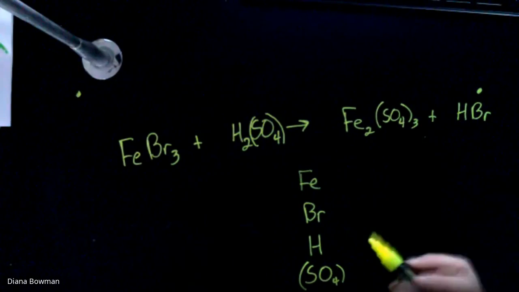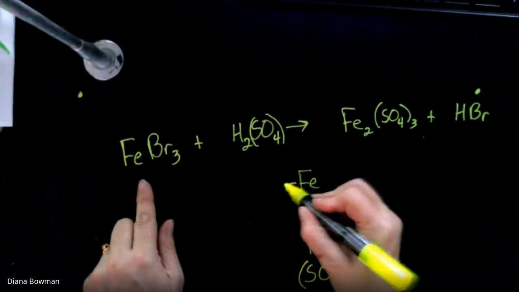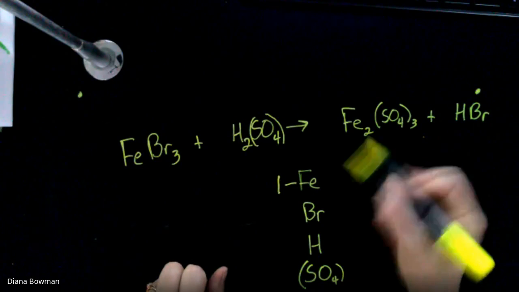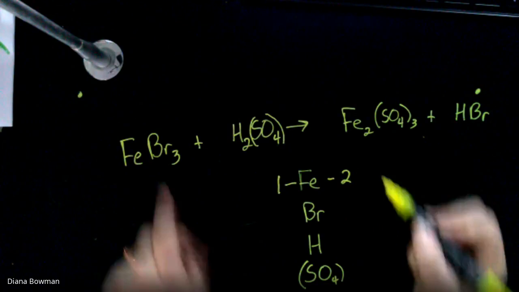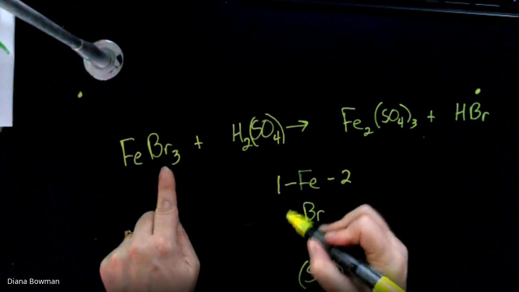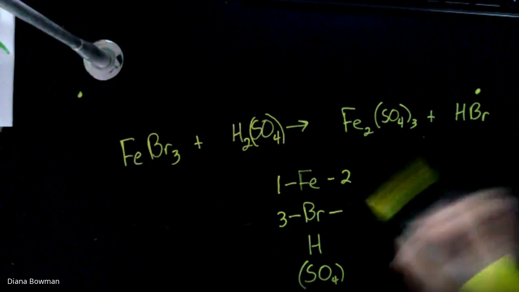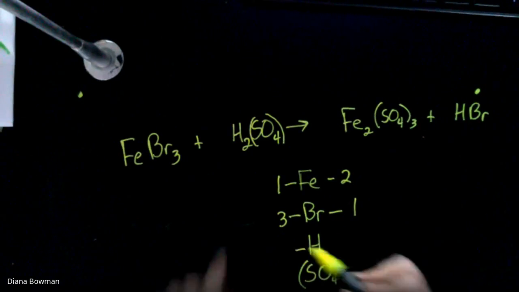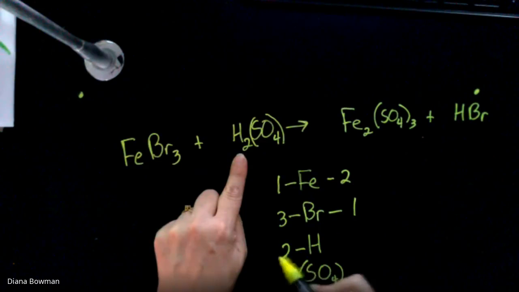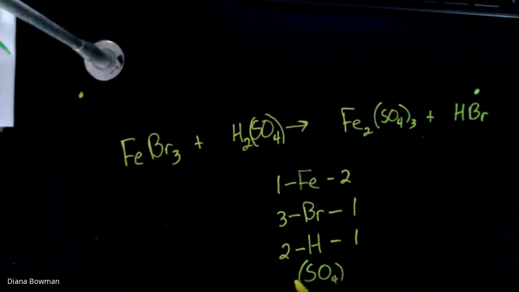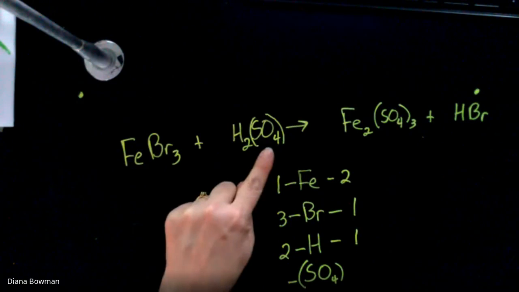Okay. So how many irons did we start out with? Looks like we have 1. How many do we have afterwards? 2. How many bromines did we start out with? 3. How many bromines did we end with? 1. How many hydrogens did we start with? 2. How many did we end with? 1. How many sulfates did we start with?